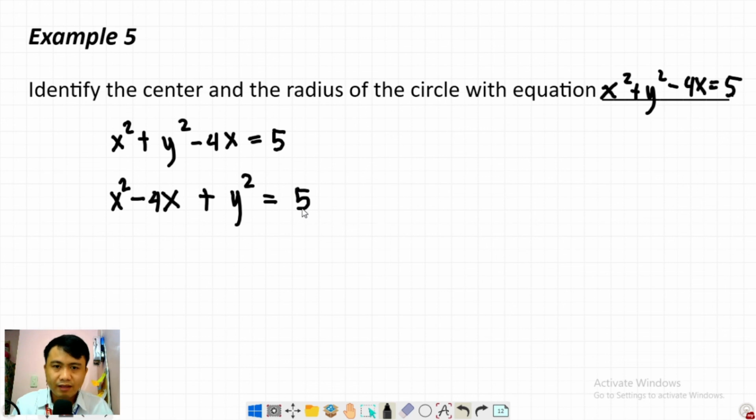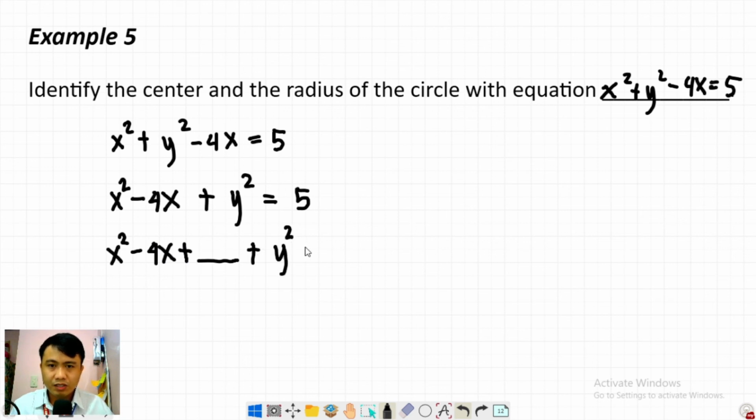Okay, we're going to apply the completing the square. Paano natin i-complete itong x squared minus 4x? Gagawin natin siyang perfect square trinomial. Magpa-plus lang ako ng third term. Itong y squared, wag nyo nang i-complete the square yan, kasi mag-isa lang niya eh. So, kung ano yung inadd ko doon, ganun din ang i-add ko sa kanan.